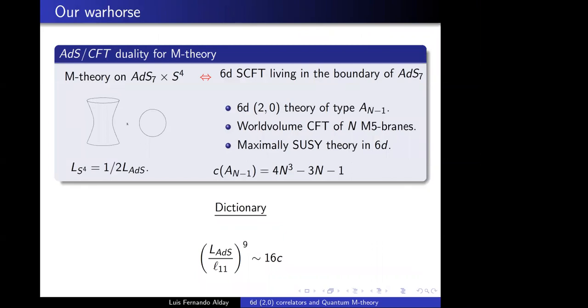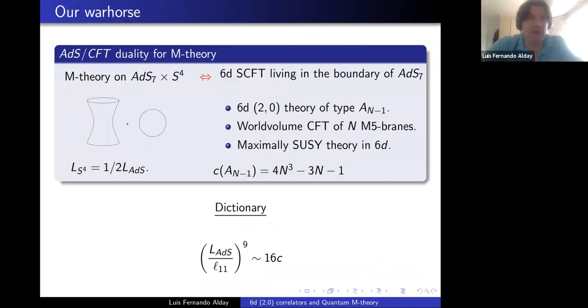So our workhorse to attack this problem now in curve space will be the AdS/CFT duality, but now for M-theory. The AdS/CFT duality in this context tells us that M-theory on AdS7 cross S4 is dual to a 6-dimensional superconformal field theory living in the boundary of AdS7.